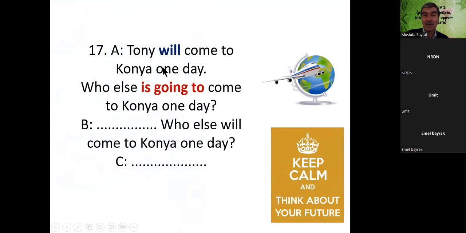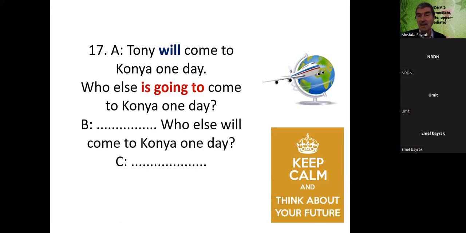Simple future with will, but this is future with be going to. Tarık is going to come to Konya one day. Who else will come to Konya one day? Martin will come to Konya one day. Or it doesn't make a difference. Martin is going to come to Konya one day, or Martin will come to Konya one day.